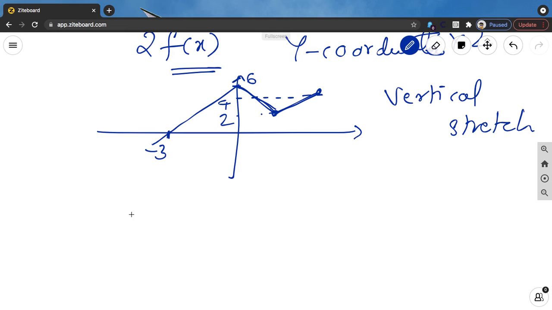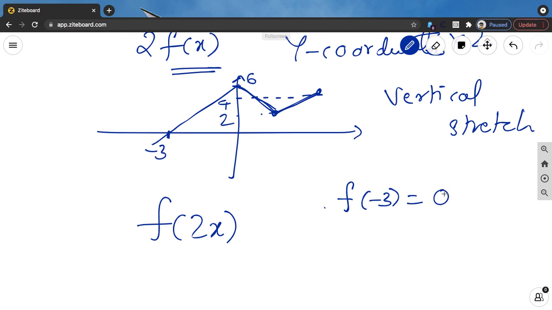Okay. Then what is f of 2x? If this was 2 times f of x, so f of 2x means the x coordinates are changing now. How are they changing? Now look at your original graph. The original graph had f of minus 3 as 0.